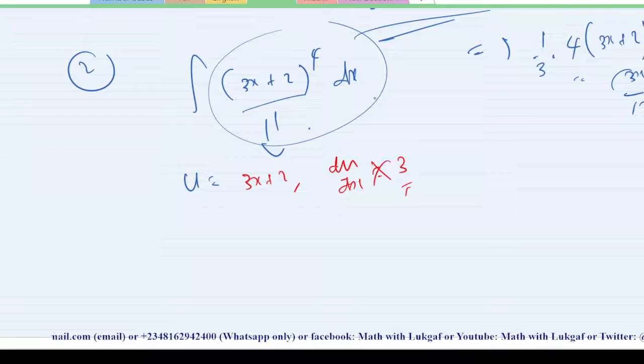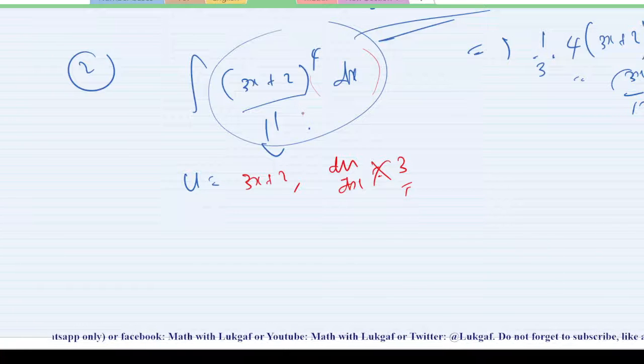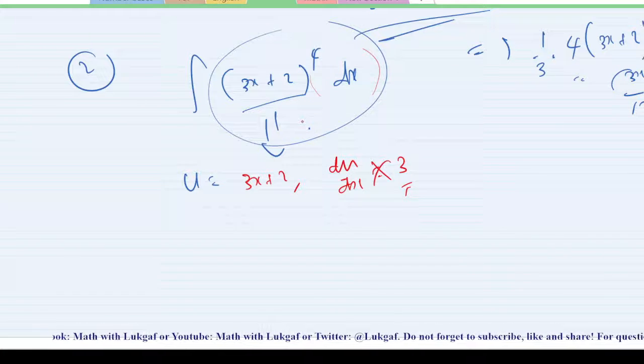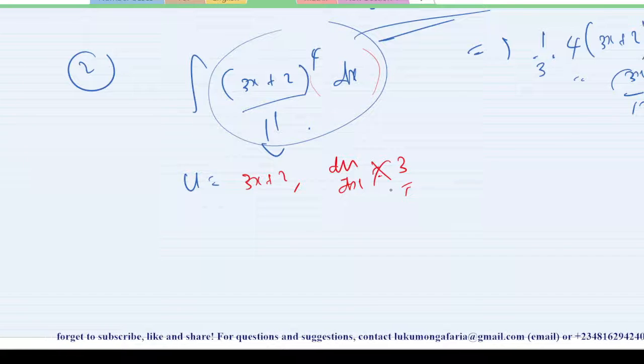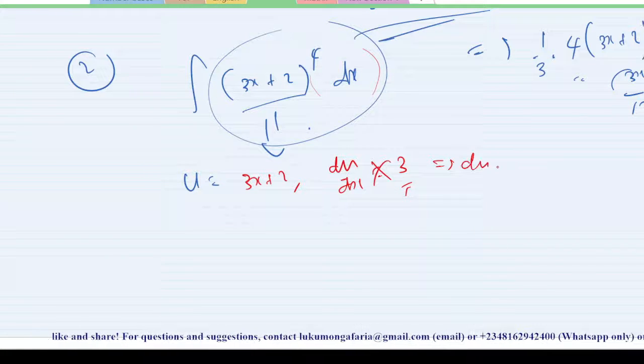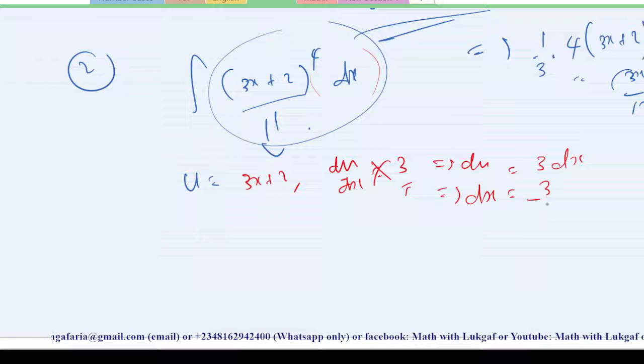Don't forget, since we are interested in substituting the value of x to be in terms of u, you make dx the subject of the formula such that it can reflect u. So when you substitute, your du will give me 3 dx, which implies that dx will be du divided by 3.